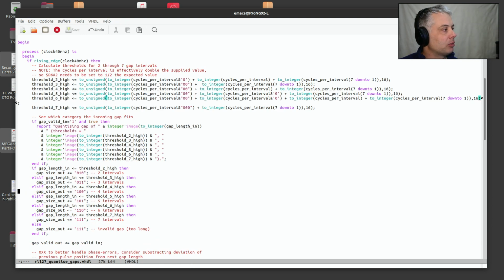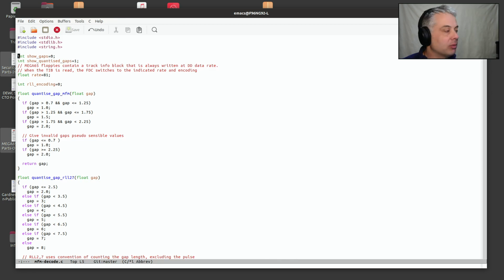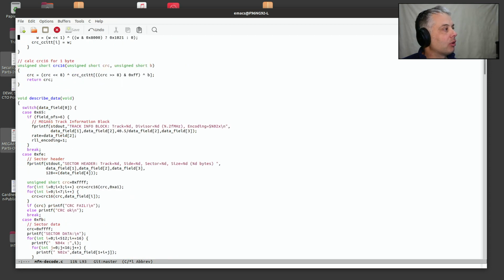Just want to make sure that I'm not stuffing up in the VHDL, the same thing as to why the sector headers are not showing up. But as you know, I'm getting ahead of myself. We need to make sure that we can decode it in software from this capture before we worry about anything further, or at least understand what's going wrong.